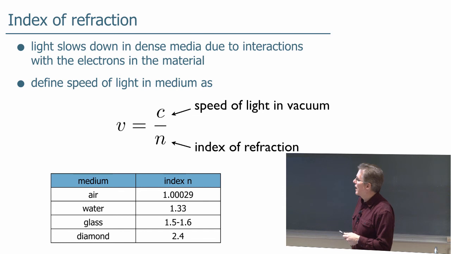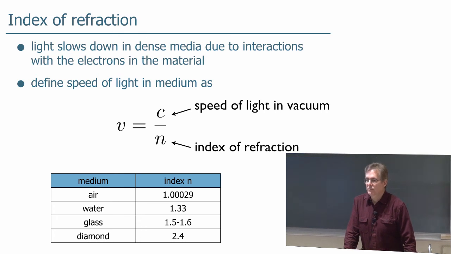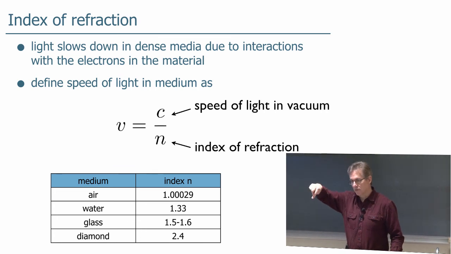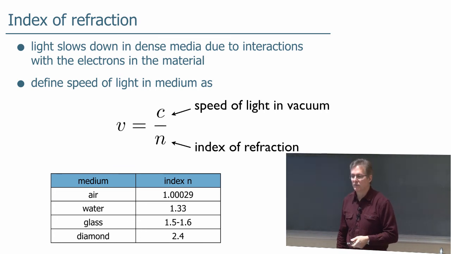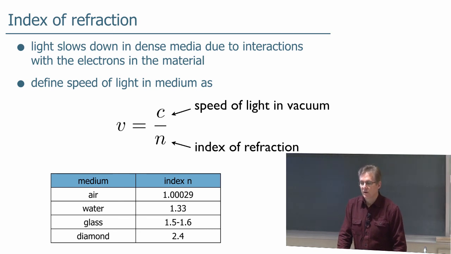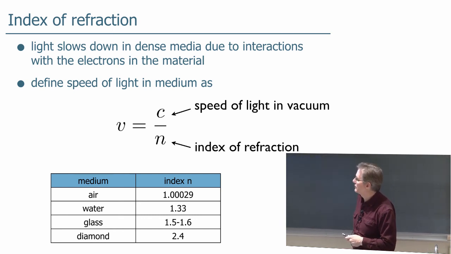And one of the highest known indexes of refraction there is diamond, and that's what gives diamond its brilliance in reflecting light. Light that hits the crystal is cut so that the light bends around and reflects back out, making them very, very shiny crystals. Then you can tell the difference between cubic zirconium and diamond just by looking at it, once you know what you're looking for in terms of the brilliance.